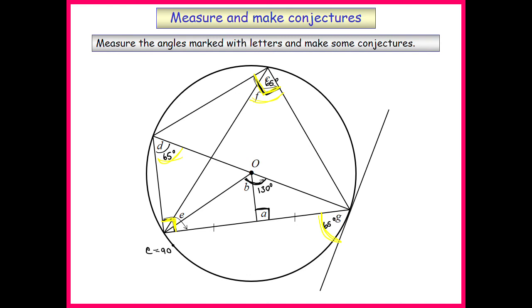Then who can tell me how did I get the 130 degrees? If you look at the other values on the board. How can I get to 130 from 65?